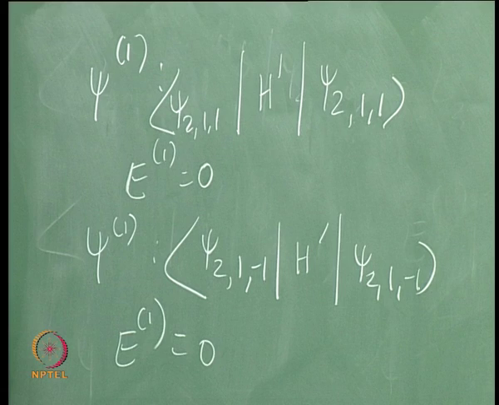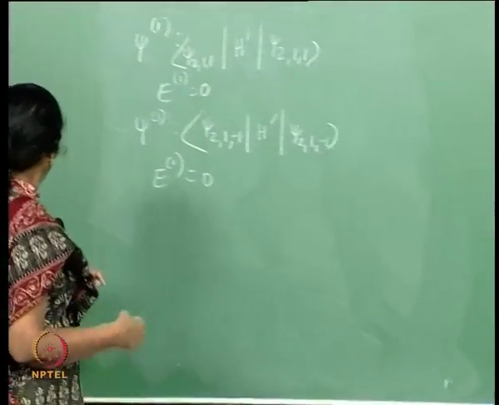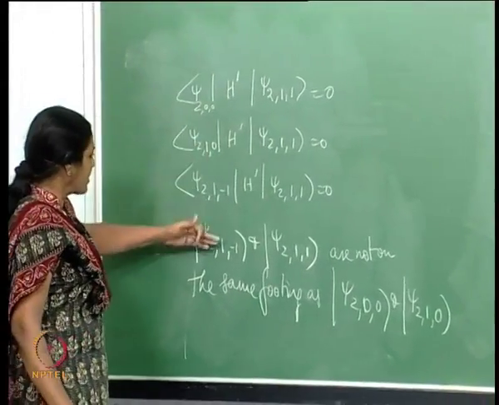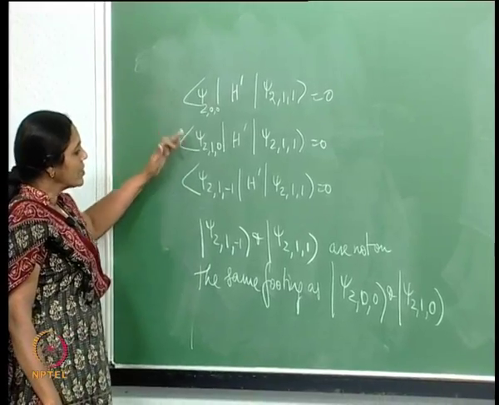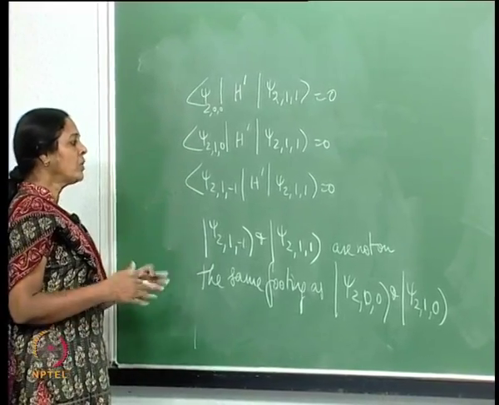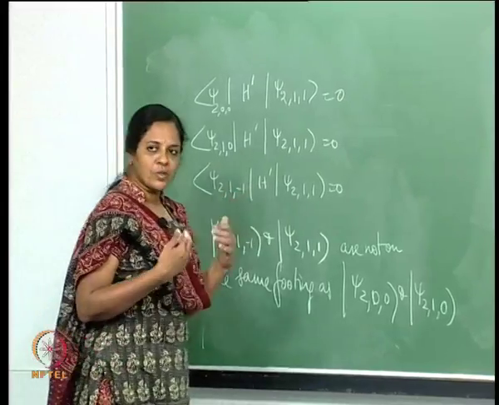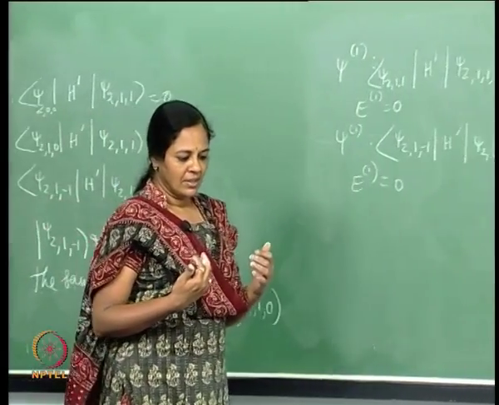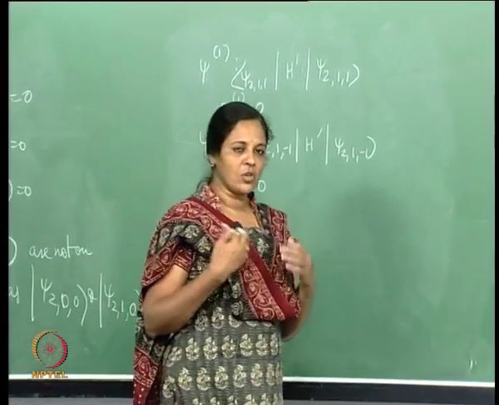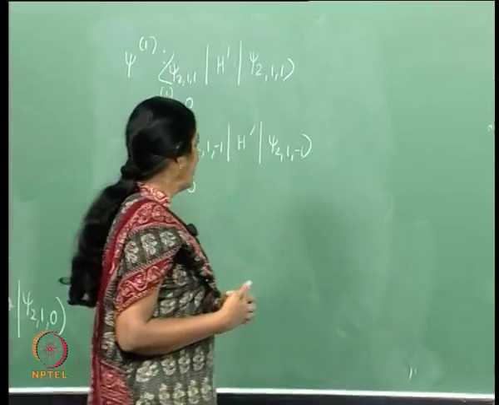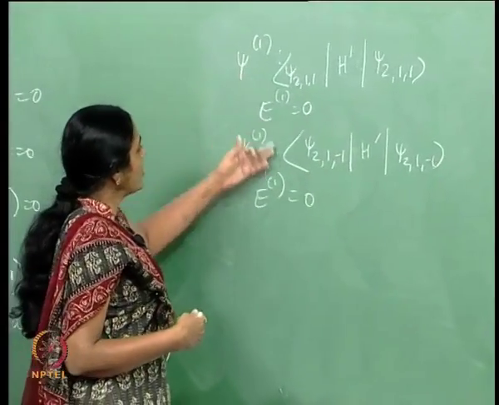Let me retrace my argument. I found that the numerators in the first order contribution to the wave function were 0, and therefore, there was no need to look at superpositions analogous to the wave function phi that I was talking about earlier. However, look at the energy eigenvalues.